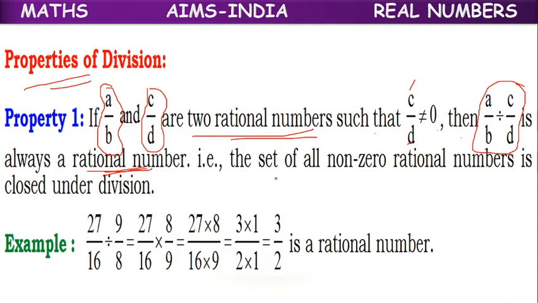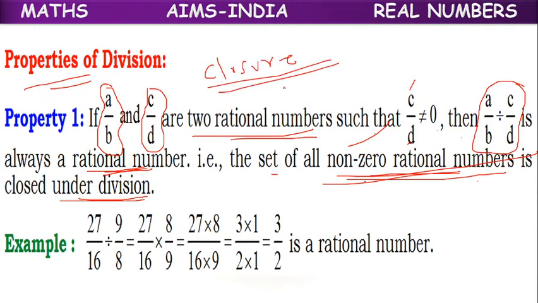That means the set of all non-zero rational numbers is closed under division. All non-zero rational numbers closed under division means rational numbers obey the closure property.